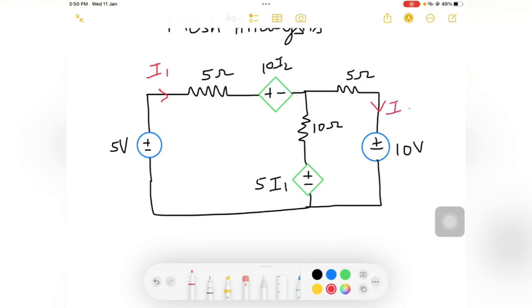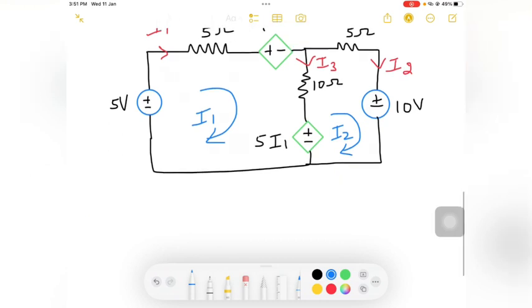These are the branch currents I1, I2, and I3 mentioned here. I will consider loop currents because there are two loops. Let me take this as loop 1, where the current flowing is I1, and in loop 2 the current flowing is I2. The names of the branch current and the loop current look similar, but they are not the same.